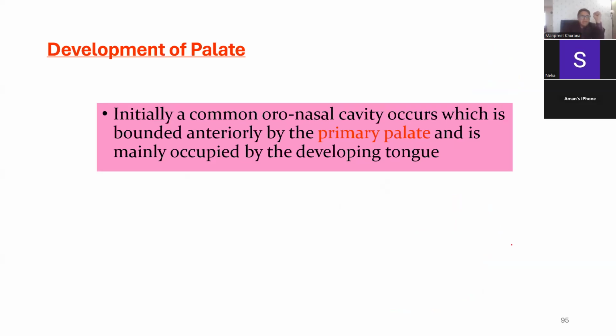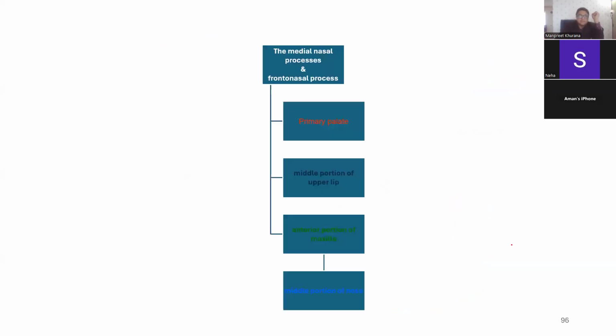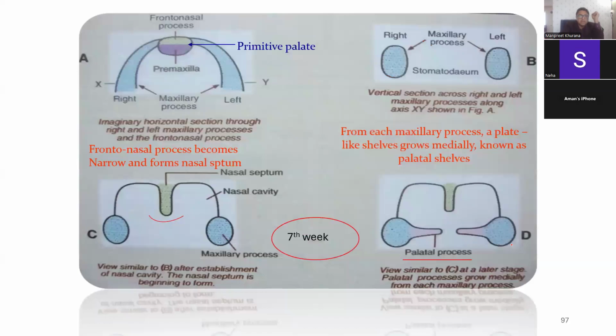Now, development of the palate. Initially, a common oronasal cavity occurs, which is bounded anteriorly by the primary palate. So let's see how the palate is developed. Okay, you remember the frontonasal process, right?